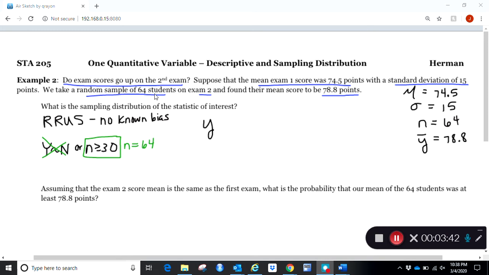So then we're going to be able to say that our sample mean is approximately normally distributed. And again, we need to find its mean and standard deviation. So the mean of y bar is just the population mean itself, which is that 74.5.